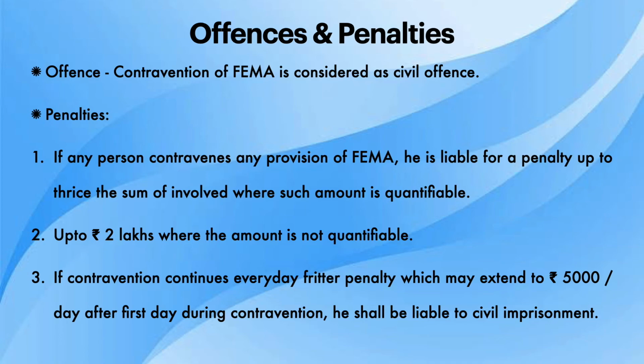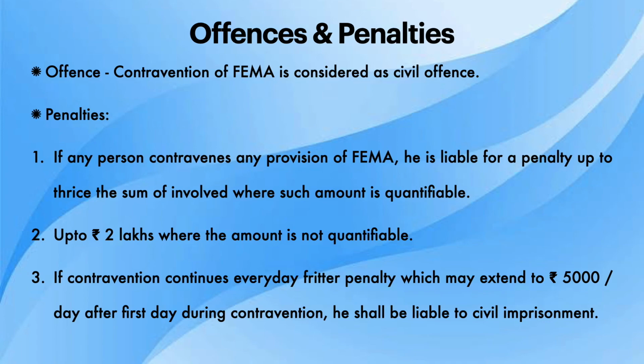The final one, if contravention continues, a penalty which may extend to rupees 5,000 per day after the first day during the contravention, and he shall be liable to civil imprisonment.